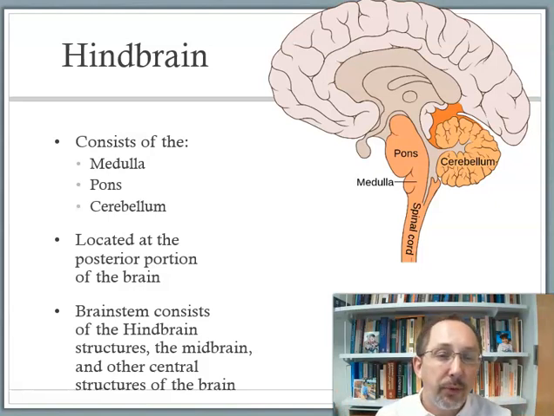This is in the posterior portion of the brain, above the spinal cord, and the brainstem consists of the hindbrain structures, the midbrain, and other central structures of the brain. The midbrain is basically right above these structures and involved in some automatic processes.